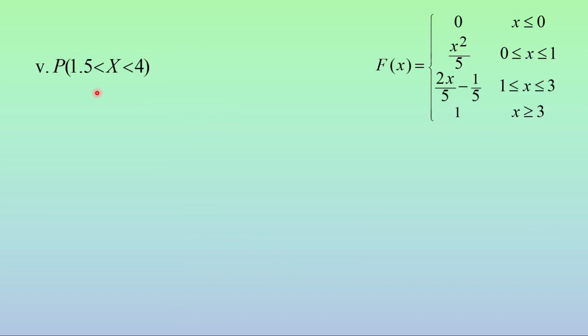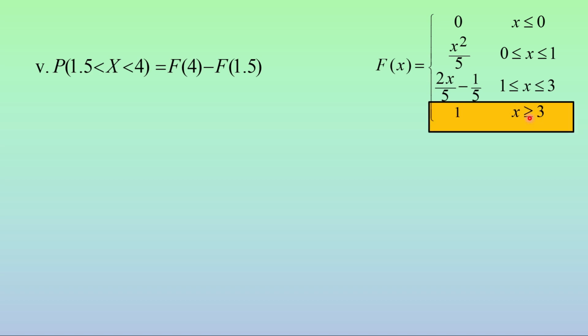And finally, find the probability of x between 1.5 and 4. And this is equal to F of 4 minus F of 1.5. We can see that 4 is in the interval x greater or equal to 3 with the function 1, whereas 1.5 is in the interval 1 to 3 with the function 2x over 5 minus 1 over 5.